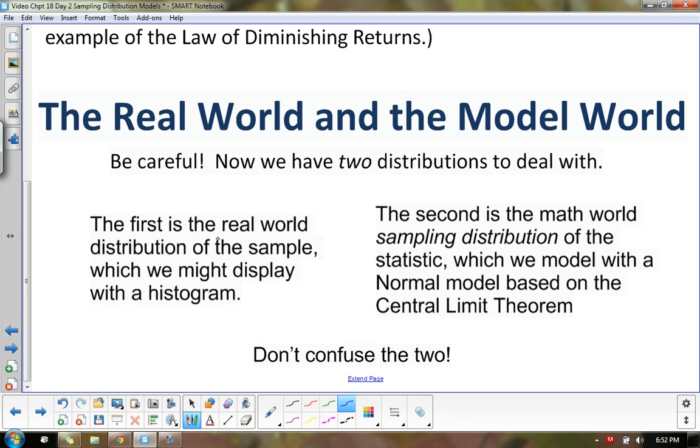Okay, so the real world can be all sorts of different shapes and sizes, but the math world, my sampling distribution, follows the normal model. When we're talking proportions, we still center it at the population proportion, P hat or P. And the standard deviation is root PQ over N.